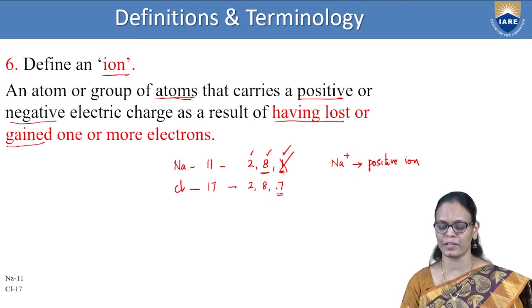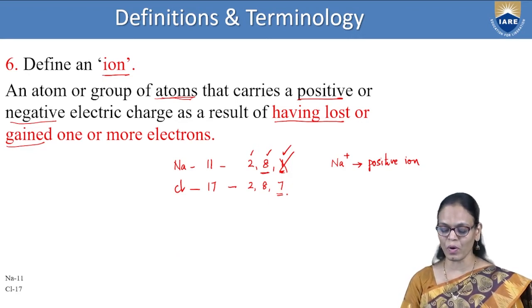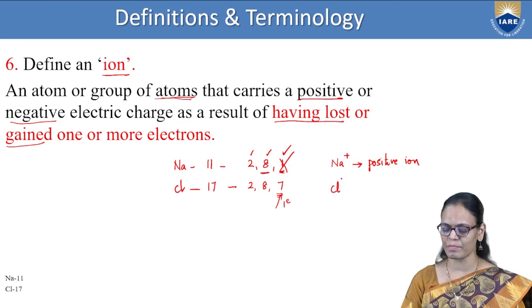It needs one electron to complete the octet rule. So it is always ready to accept one electron. So when it accepts one electron, it becomes negatively charged. So it will become Cl minus. So we call this a negative ion.